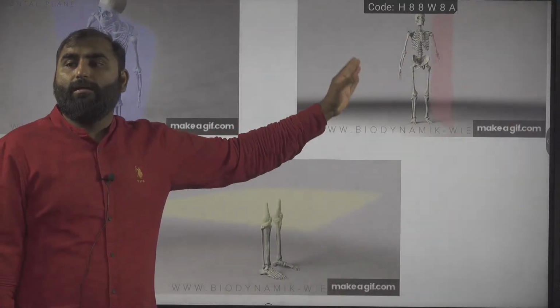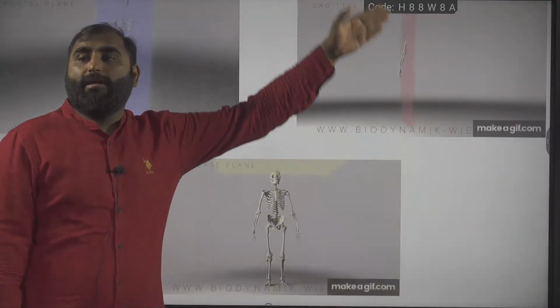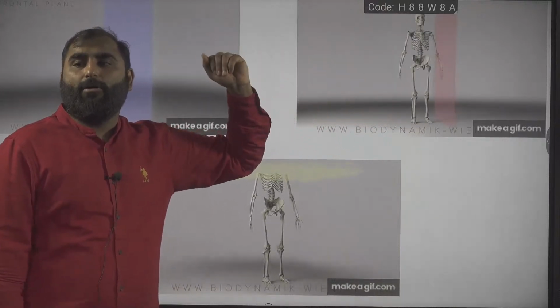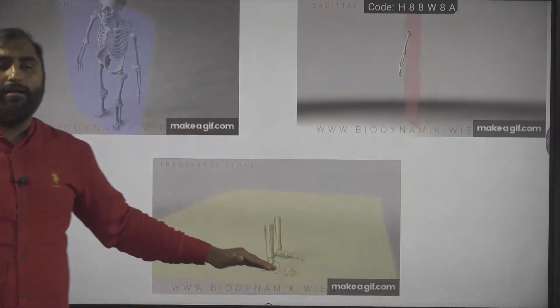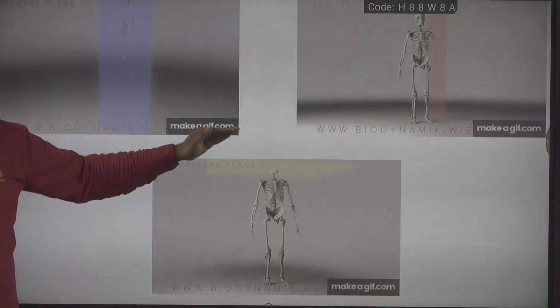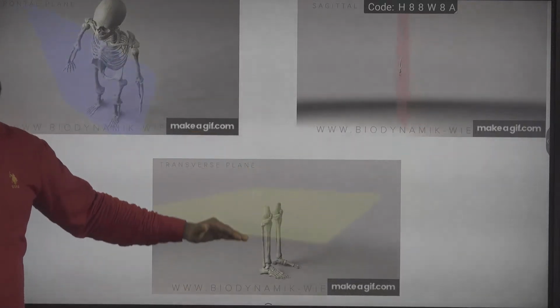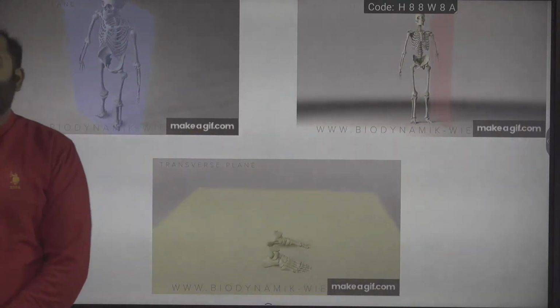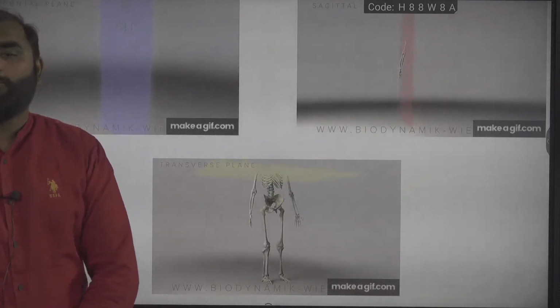Now look here. Here the plane is passing through the midline of the body. This will be called the sagittal plane. And here, this lower plane is dividing the body into upper half and lower half. This plane will be called the horizontal plane or the transverse plane.